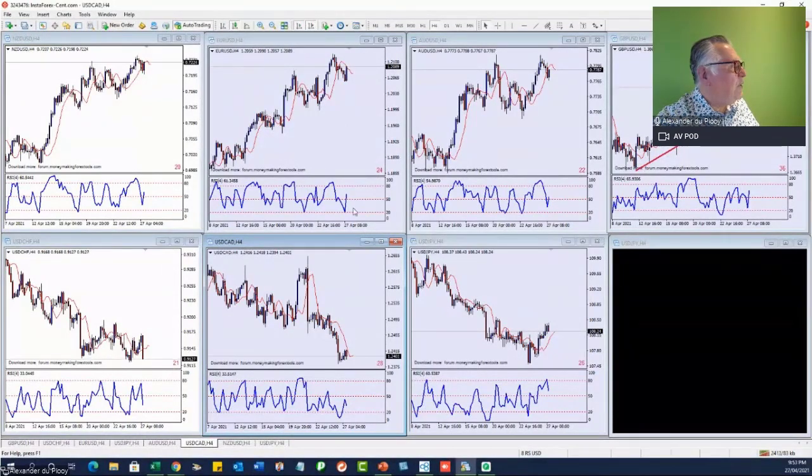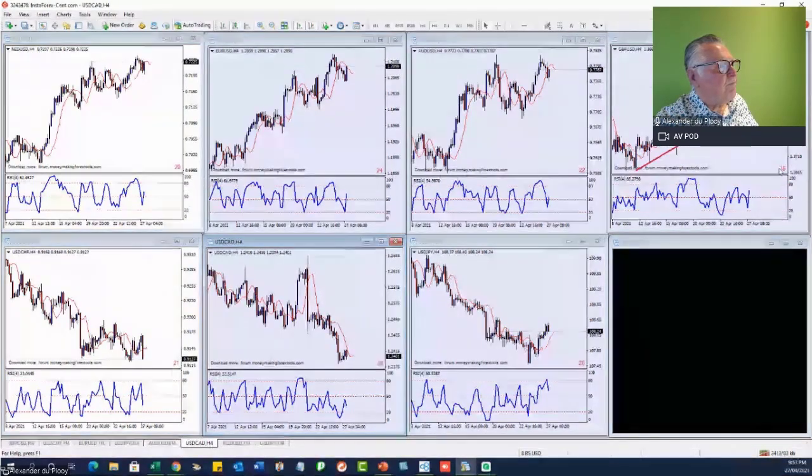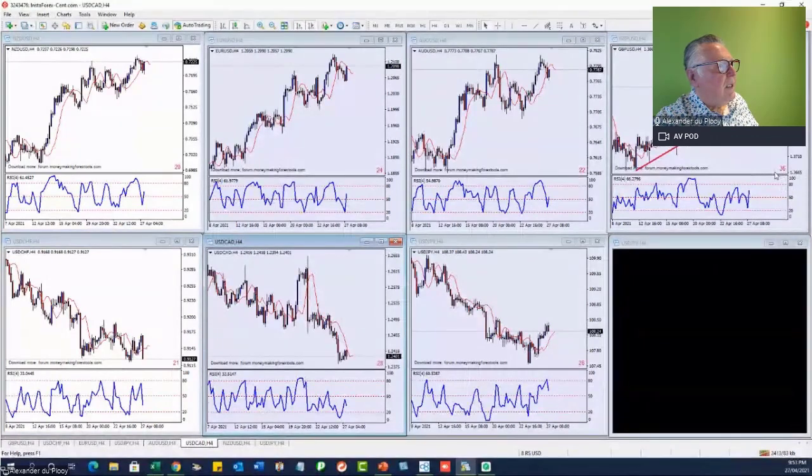And then you'll see there's a number here on all of my charts, and that is the average range of the particular candle time frame that I have.